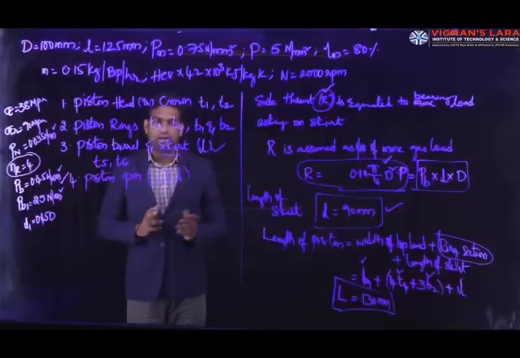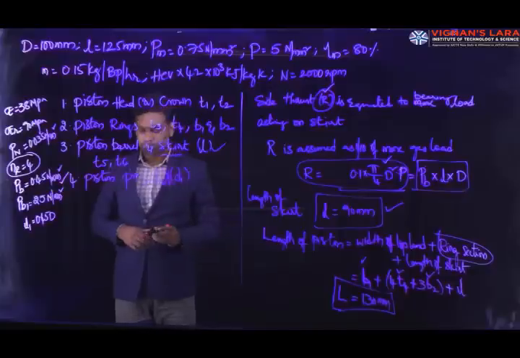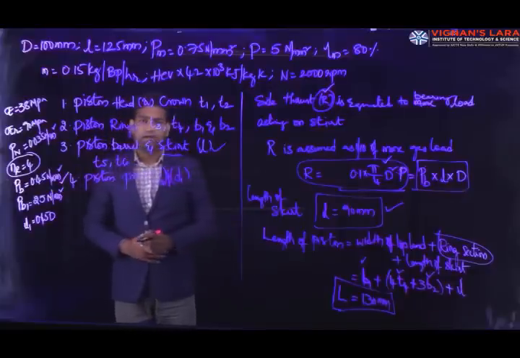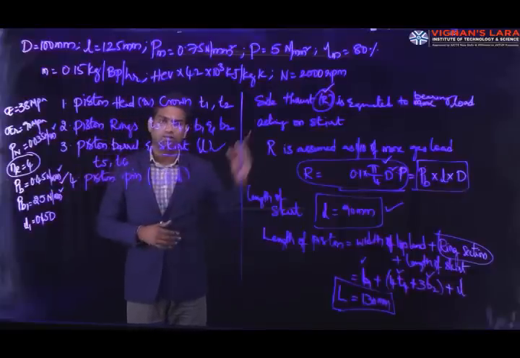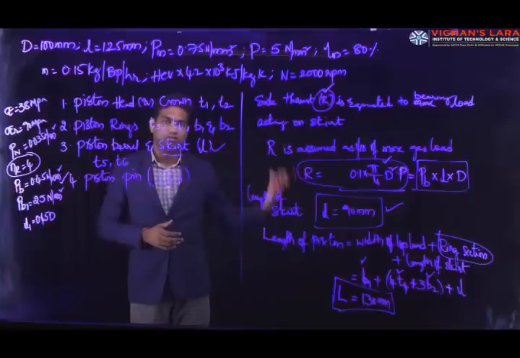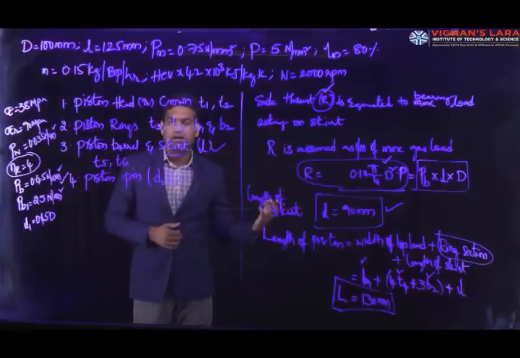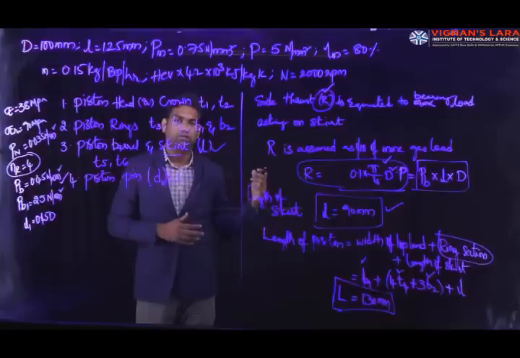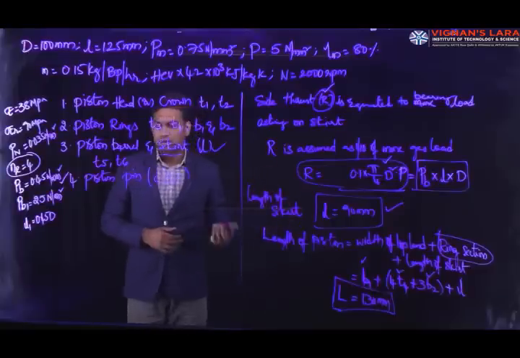Here the pin diameter is going to be calculated by equating the maximum gas load. Whatever load is acting on the piston head, the same load is acting on the piston pin, and that should be equated to the bearing load acting on the piston pin.